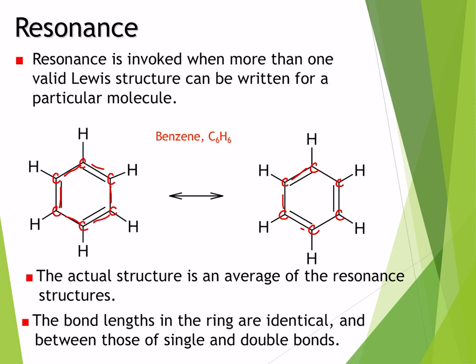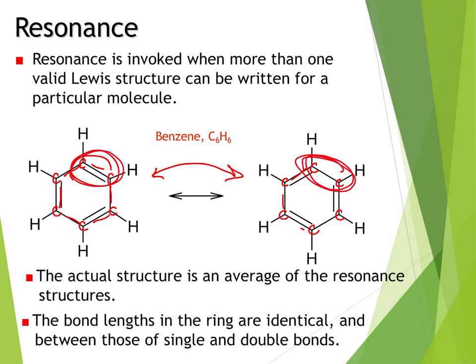Even though we have them drawn as alternating single and double bonds, when we look at this using spectroscopy, all of these bond lengths are identical. We can't see single bonds and double bonds. All of the bonds kind of end up being 1.5 bonds. It's like an average between these 2 structures. Whereas here, this is drawn as a double bond, and here, this is drawn as a single bond, right?